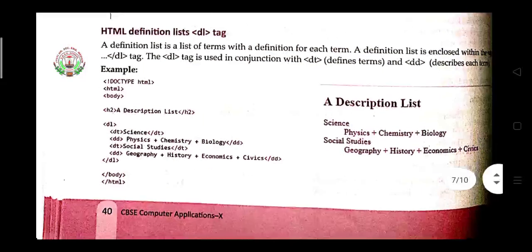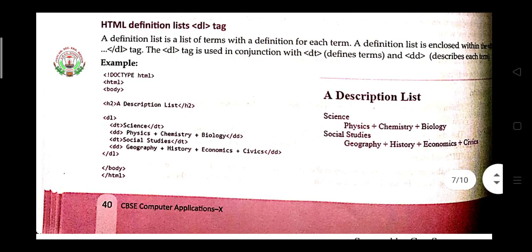What is the use of this? The definition we are writing. First we give the heading, and then after the heading we write the description or definition of that topic. So if you want to write this in a web browser, we can write it with the help of the DL tag. How to write DL? First you open the DL tag, then inside the DL tag you have to use two tags, DT and DD.